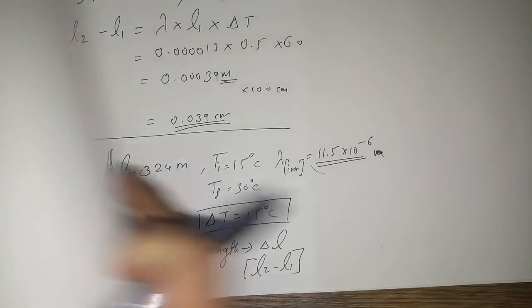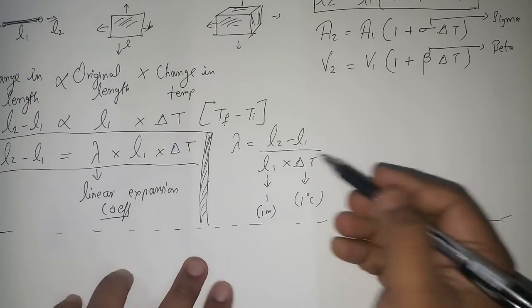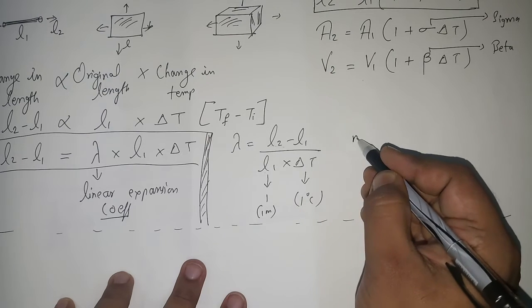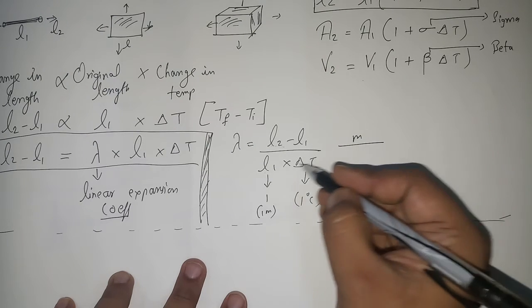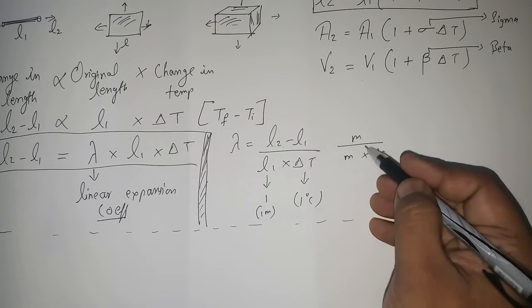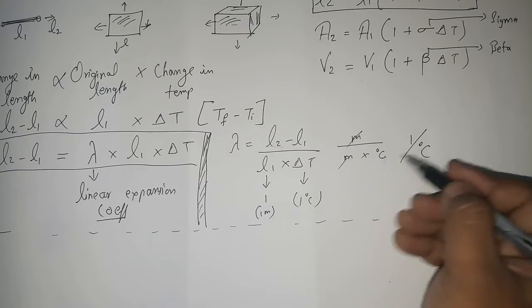Then we have the formula for lambda. We can derive the unit for lambda. See, this is in meters upon this is in meters, and this is in degree Celsius. So meter gone. What we get is per degree Celsius.